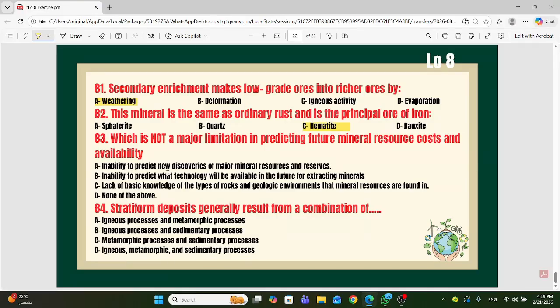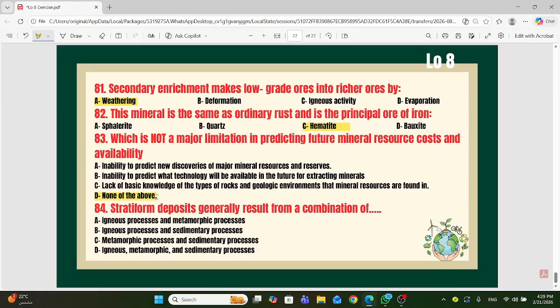Inability to predict new discoveries of major mineral resources and reserves, or inability to predict what technology will be available in the future for extracting minerals, or lack of basic knowledge of types of rock and geological environments that mineral resources are found in, or none of the above? None of the above.